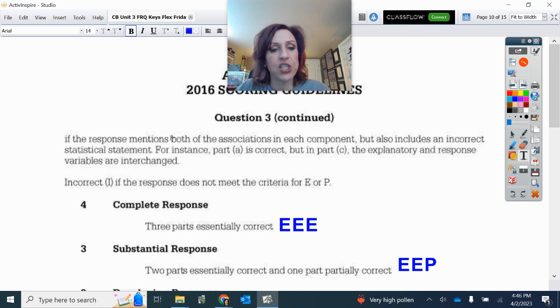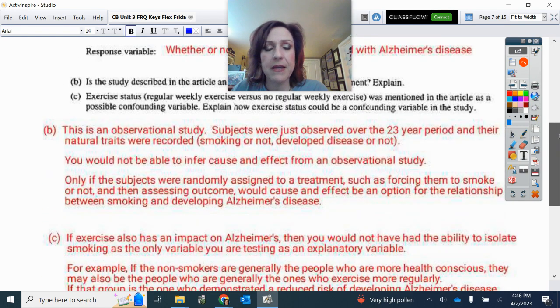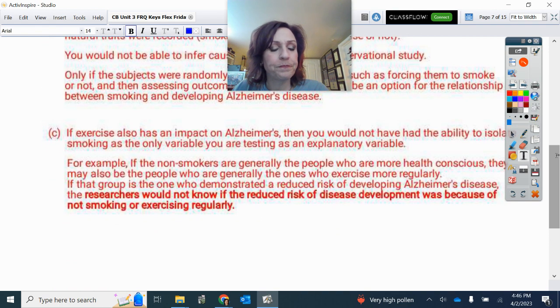Or if the response mentions the association in each component, but also includes an incorrect statistical statement like you interchange the things. Okay, so let's go back and let's read exactly what I had put there and see if I made an E or a P.